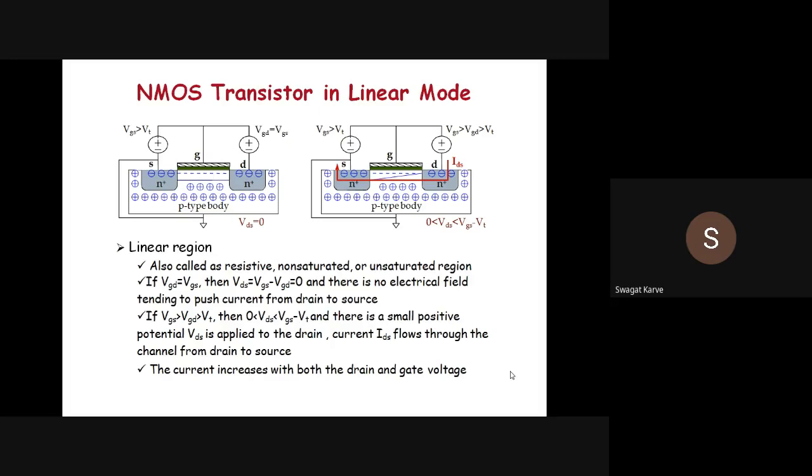No problem, then also the channel will form and current will flow. But if you further increase VGS, that means there is a large difference between the threshold voltage and the gate to source voltage, or even the gate to drain voltage, then in turn the IDS is also going to increase, right?